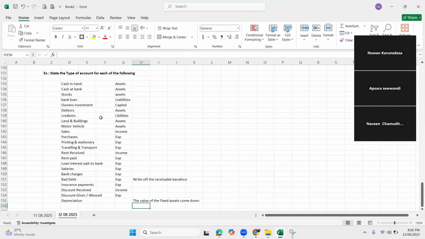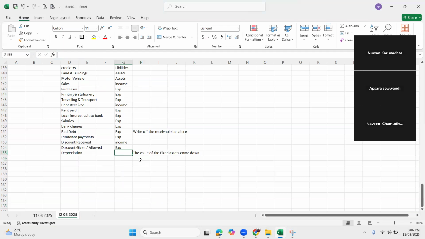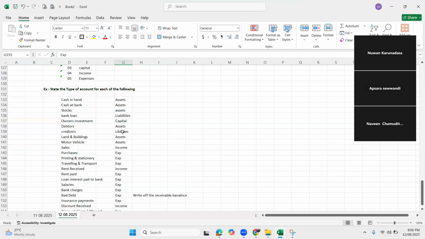Just think, what is the depreciation? Maybe motor vehicle, maybe the building, maybe the office equipment. The value of those assets comes down due to usage. Then the depreciation becomes what for you? Expense. Perfectly correct. Now you are good at it a little bit.